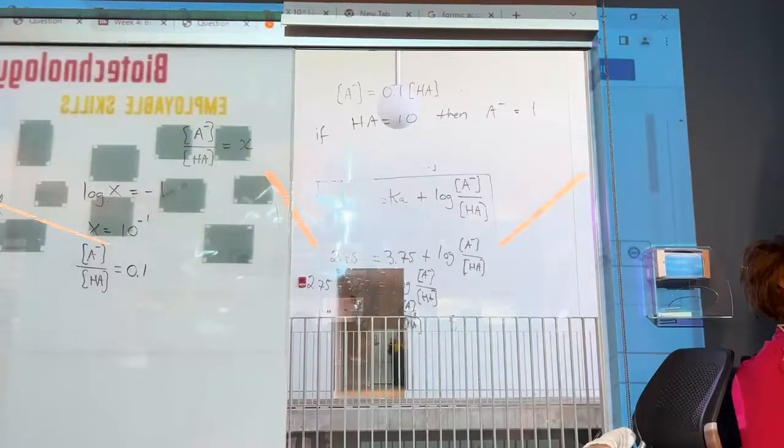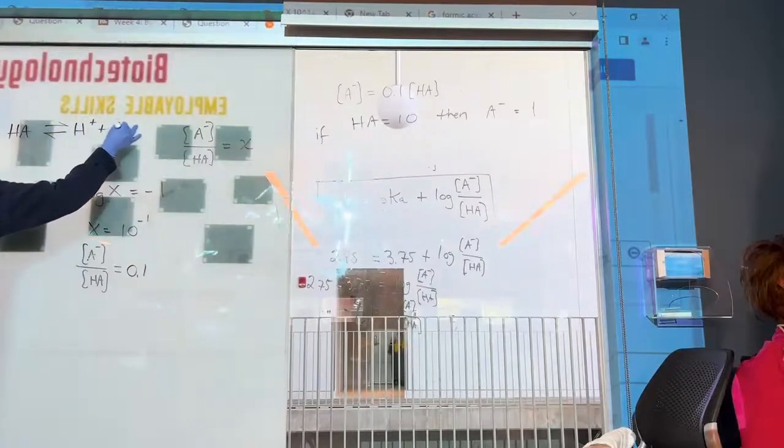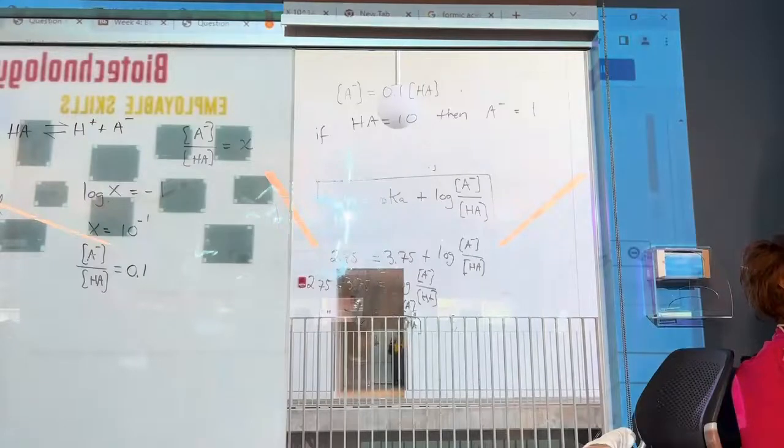In other words, if I put the equilibrium again, the amount of that and the amount of that changes with the pH. Now this is something interesting, and write this down: when the pH equals the pKa, only under those conditions, the amount of HA and the amount of A minus are the same.